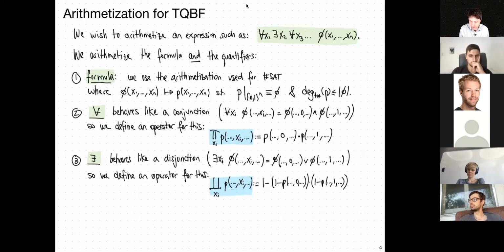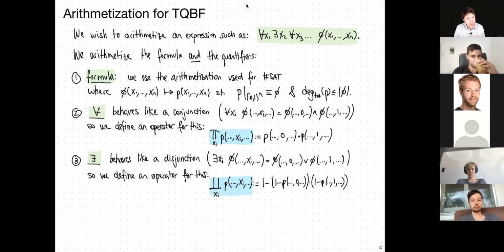Last time we wrote x plus y minus x times y, but that's the same thing as 1 minus (1 minus x) times (1 minus y). So we can define an operator, let's call it coproduct, like a flipped over product on the polynomial, to be this other arithmetic expression.